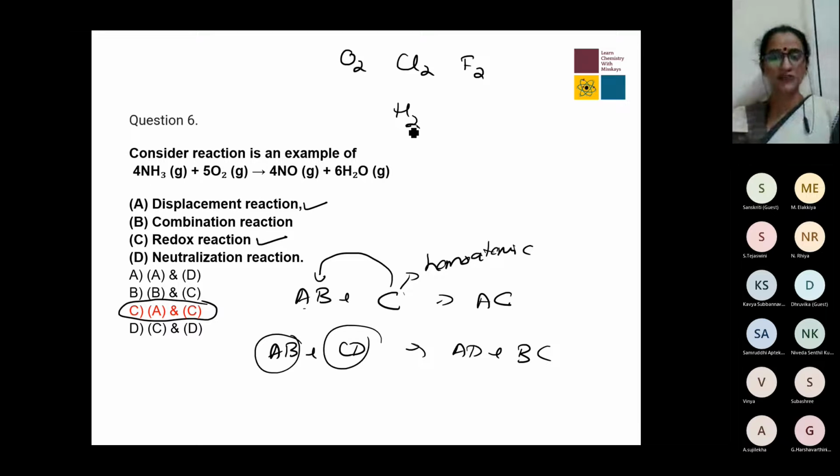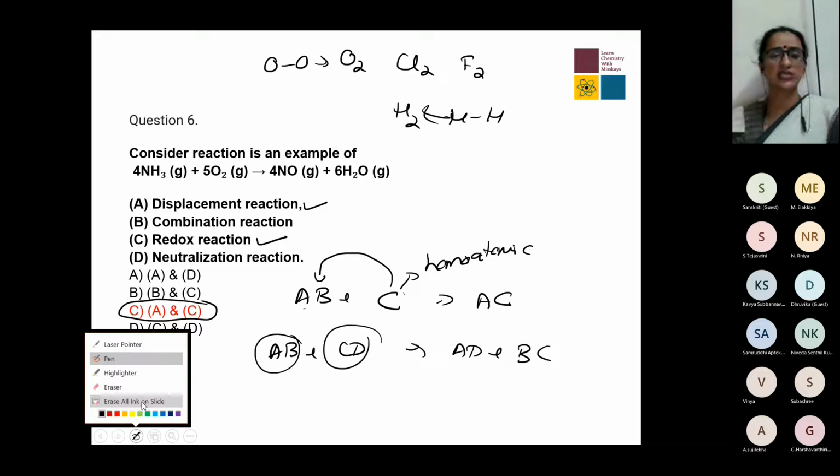Because there's more than one atom in them. Why are they homoatomic? Because they're made up of the same type of atom, right? It is two atoms of hydrogen that form H2, two atoms of oxygen that form O2. So when you have either a homoatomic molecule or an element reacting with your compound, that is when you see a displacement reaction.